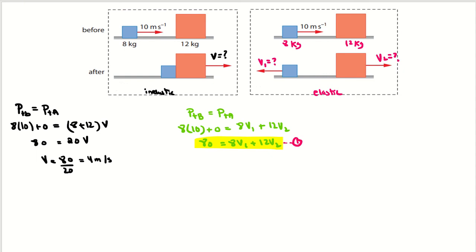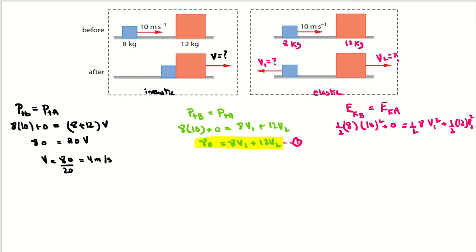Now, equation 2, I'm going to find it from the conservation of kinetic energy. So in this case, the kinetic energy before collision should be equal to the kinetic energy after collision, because he will tell you that it's an elastic collision, which means that half m v squared plus 0, because this one is at rest, is equal to half m1 v1 squared plus half m2, which is the 12, v2 squared.